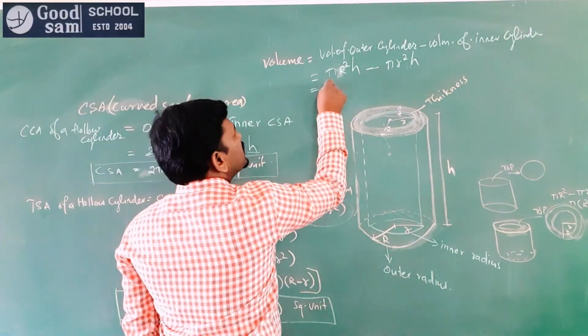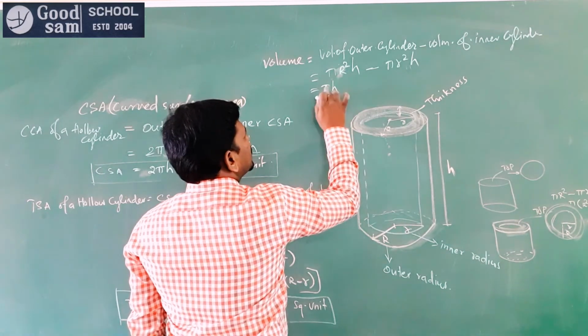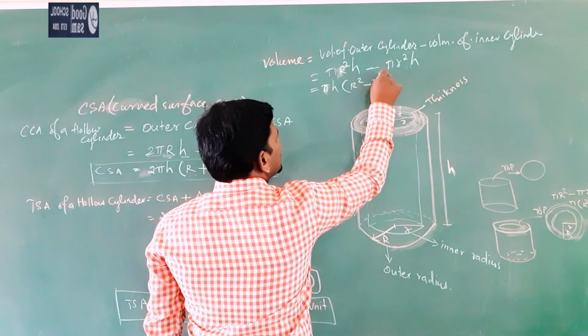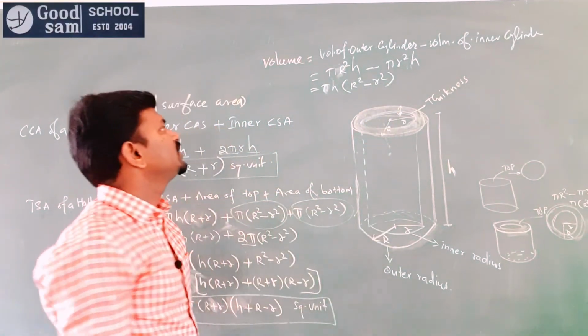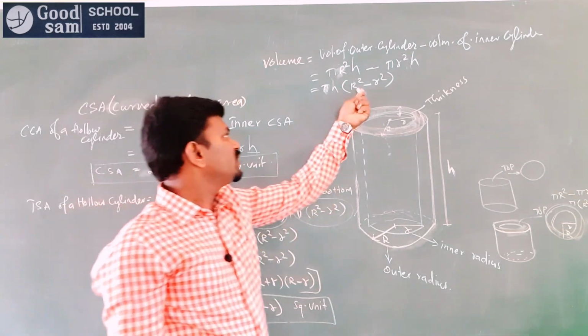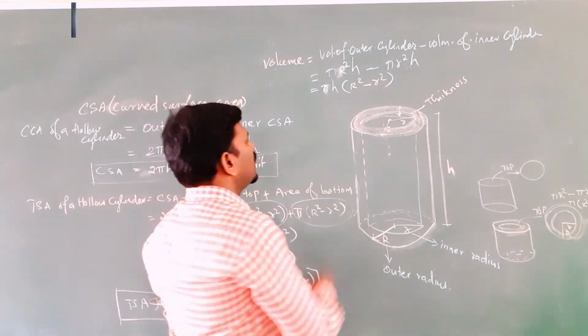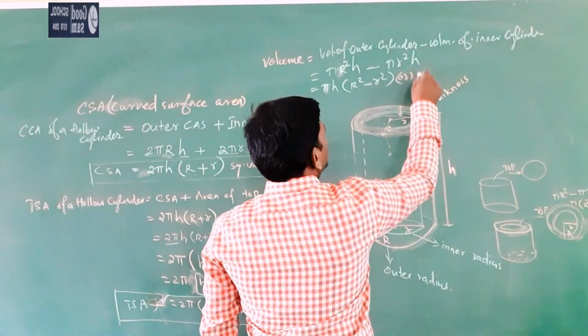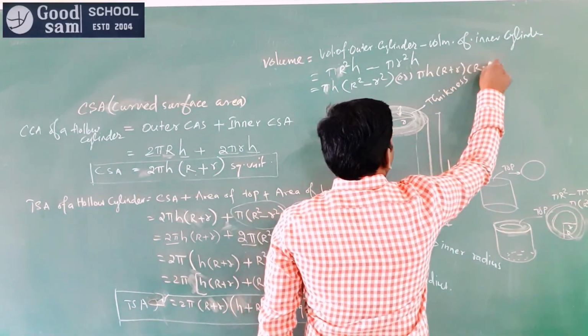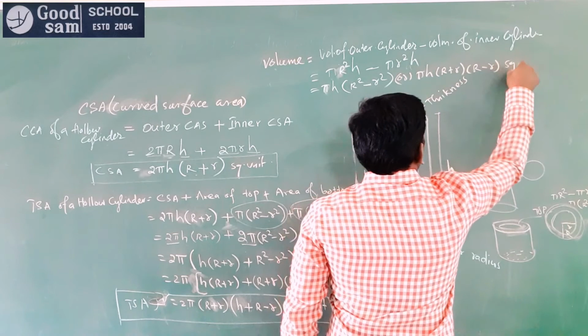The common terms are pi h. Pi h is the common term, remaining R square minus r square. So this is the volume of a hollow cylinder. Either way, you can write it as pi h (R plus r)(R minus r) cubic units.